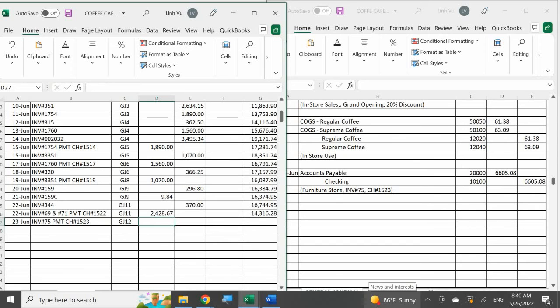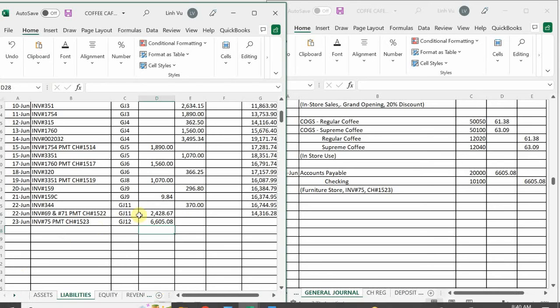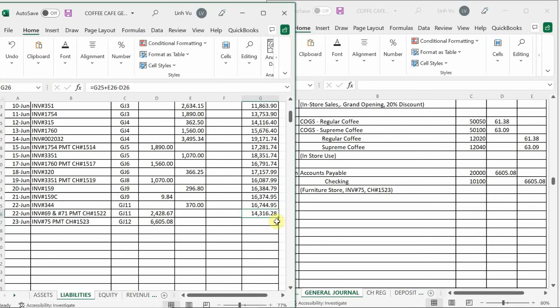We're on the 12th journal, so we decreased our account by $6,605.08. Okay, so how much is going to be in my account balance? $7,711.20. Good, right? It drops from 14 all the way down to 7,000.